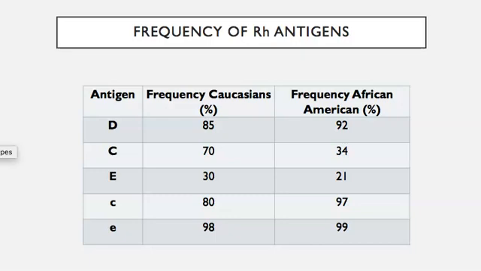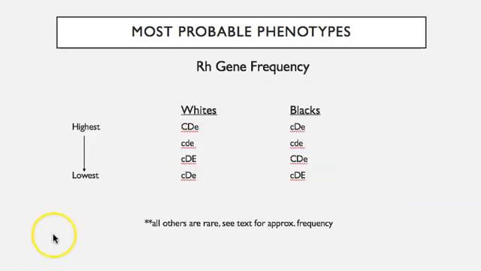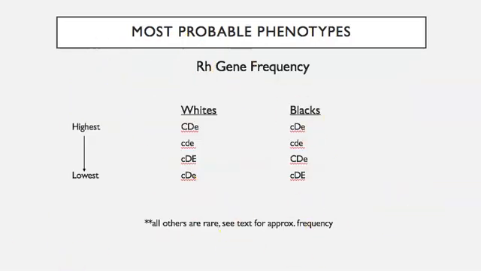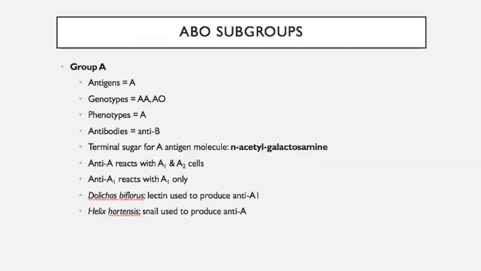So these charts can come in handy when you're trying to determine frequencies. And here are just the most probable phenotypes using that terminology. It's taking the same information and putting it into the terminology that we just looked at.